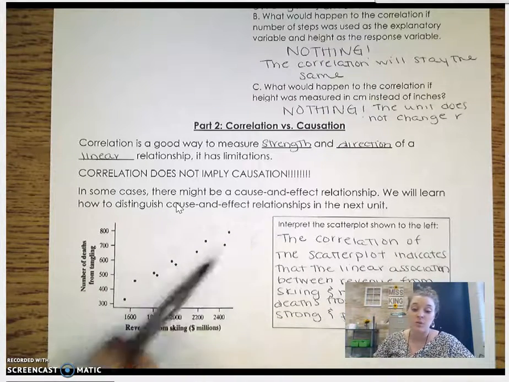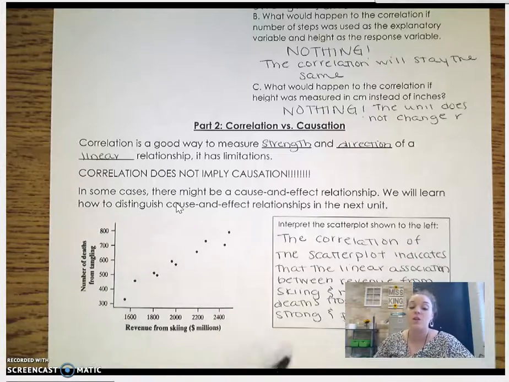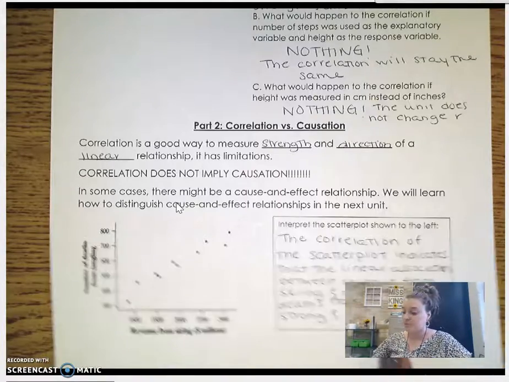All your points are close together on that positive linear slope, and that's why it's positive.